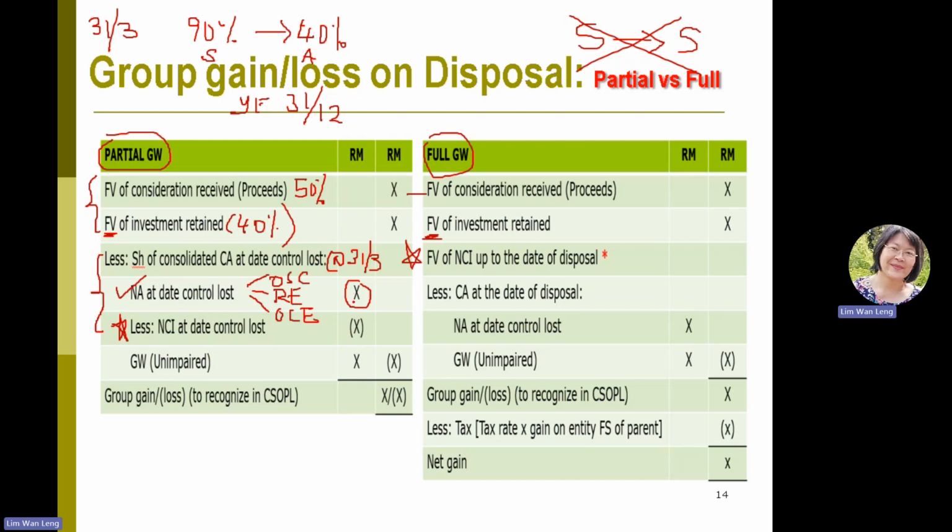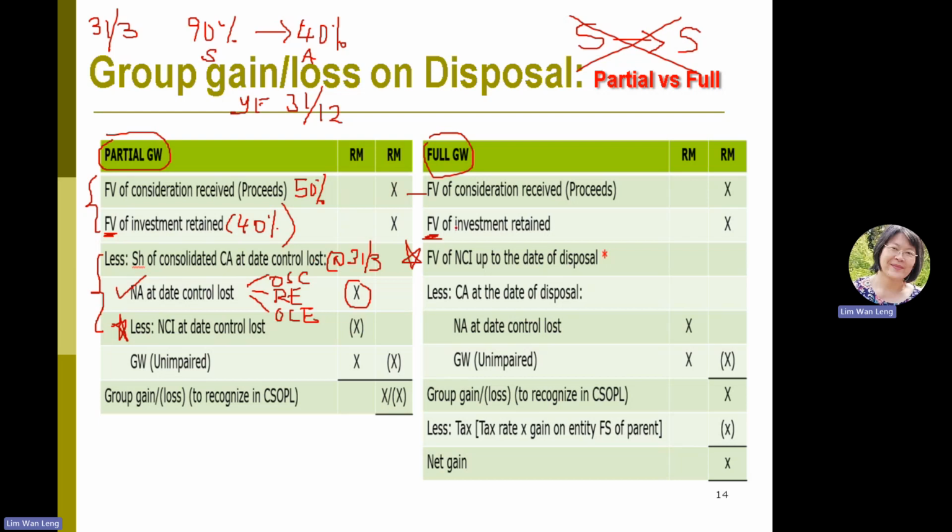Okay, so total, you add and deduct over here, you put the bracket on the other side, you are going to get a gain or loss on disposal. Okay, so basically you just push everything to one side. All these three figures, you will get one subtotal. Compare with the 90%, that means this will be the 90% thereof already. You will get how much is the gain or loss on disposal.